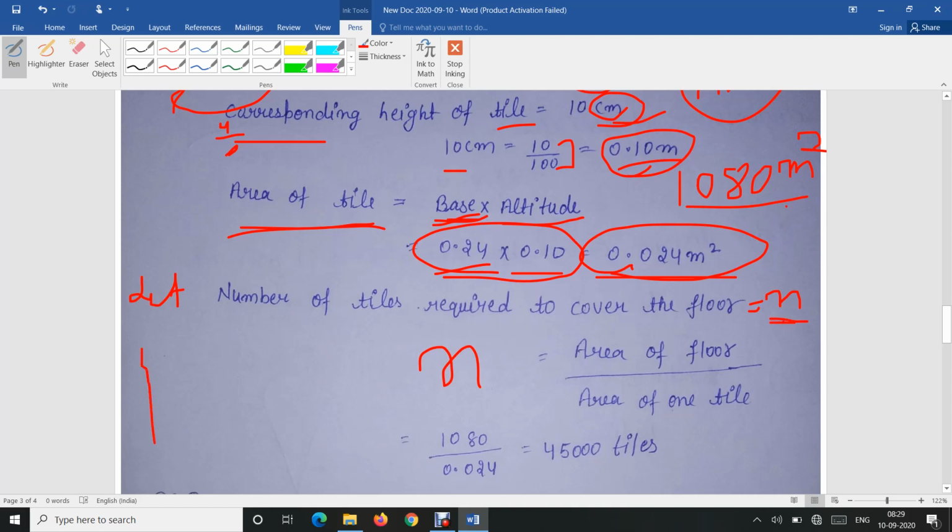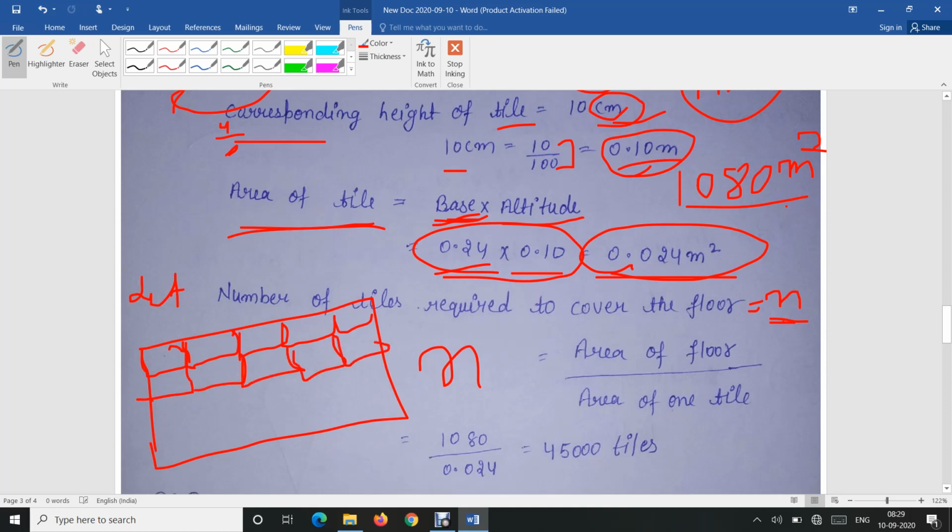Now see, if this is the floor and this is the first tile, this is the second tile, third, fourth, fifth, and similarly up to the 11th, suppose these are the tiles that cover that floor.